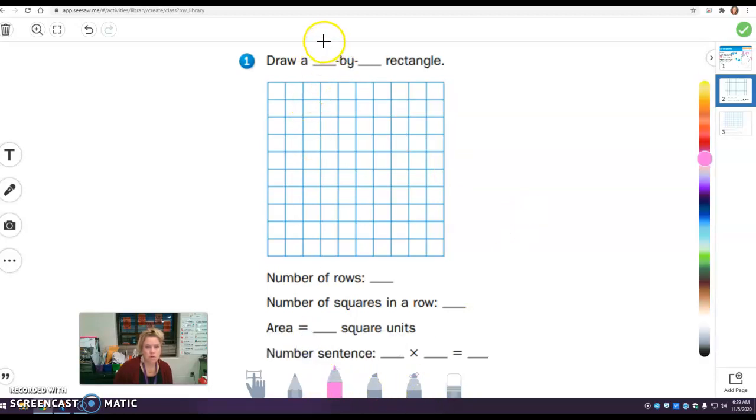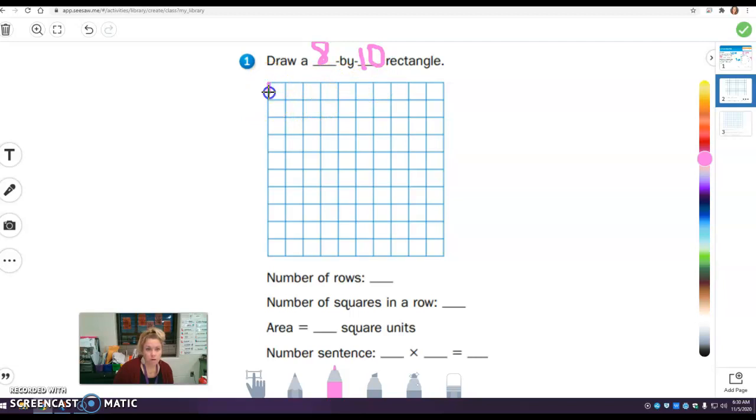So let me just draw this in. 8 by 10 rectangle. Okay? So that means I'm going to do 8 squares going across and then 10 squares going down.